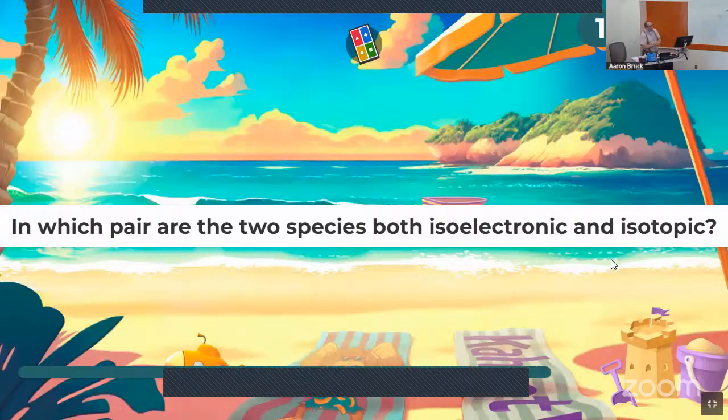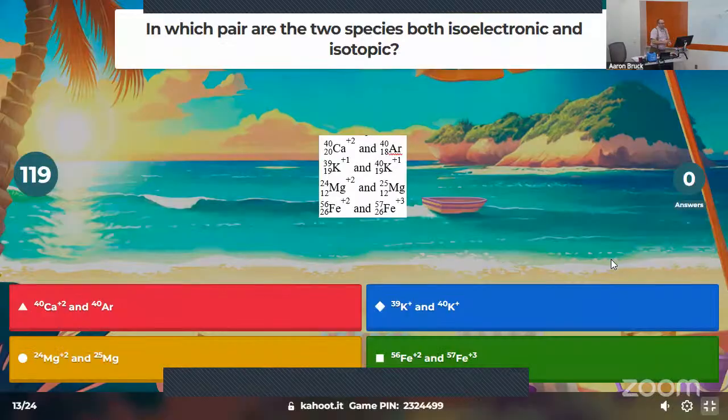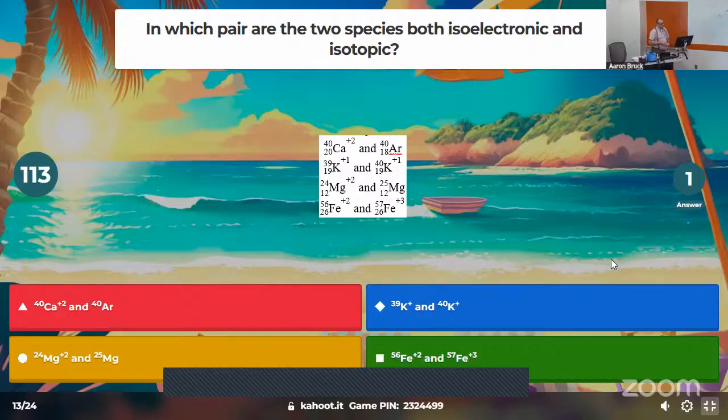Okay, coming back to isotope and isoelectronic. So we have to understand what both of those terms mean.